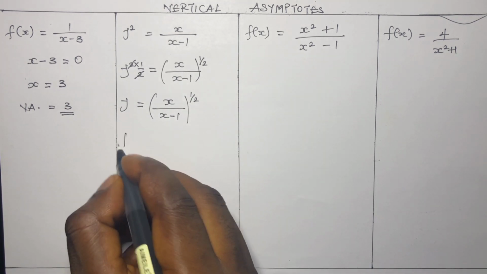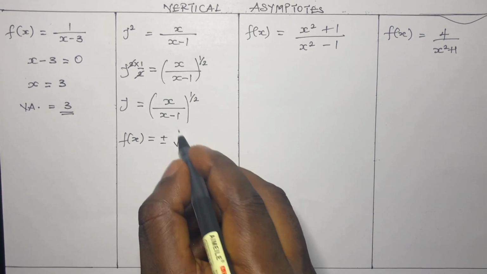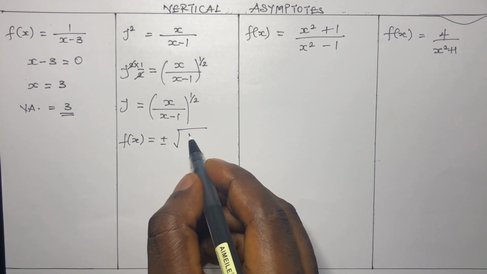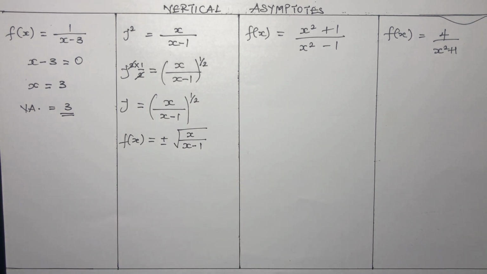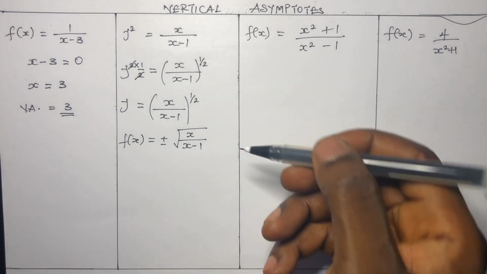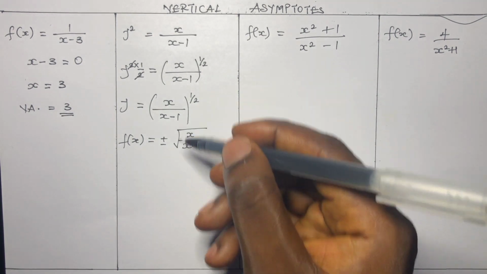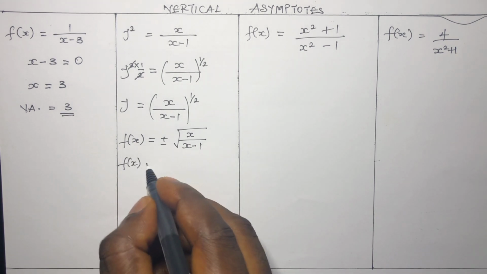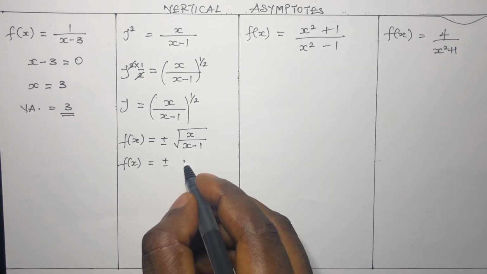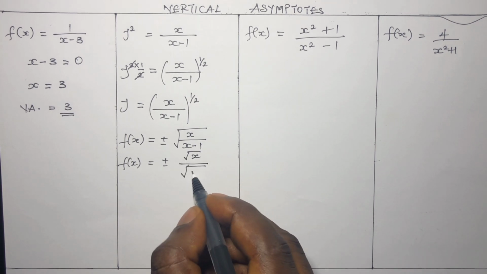So f of x will be equal to plus or minus the root of x all over x minus 1. Now, we are going to separate this numerator and the denominator since the square root is covering both numerator and denominator. So we can rewrite this to be equal to plus or minus root x divided by root x minus 1.